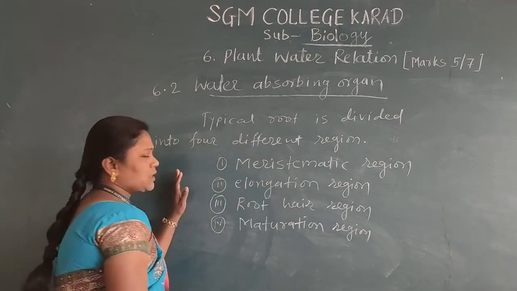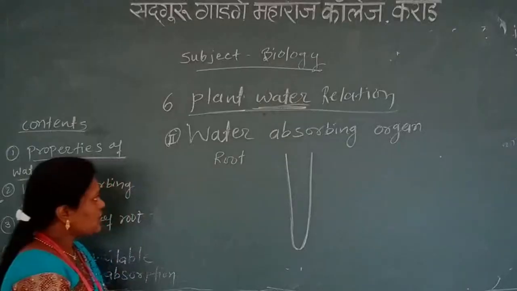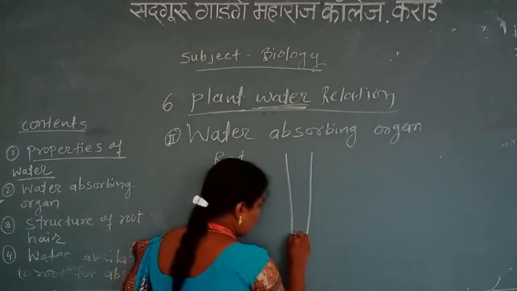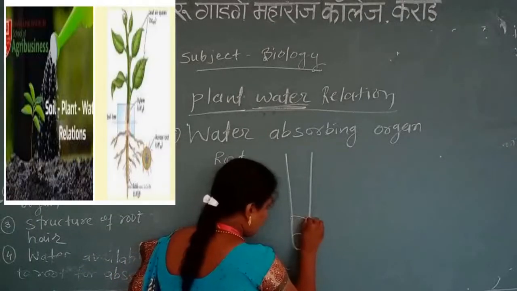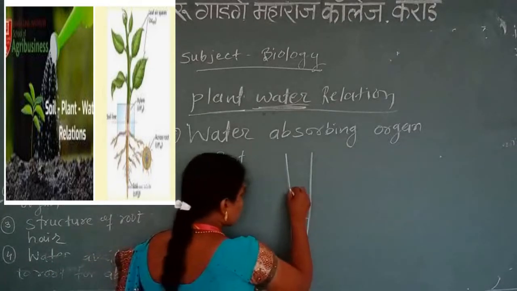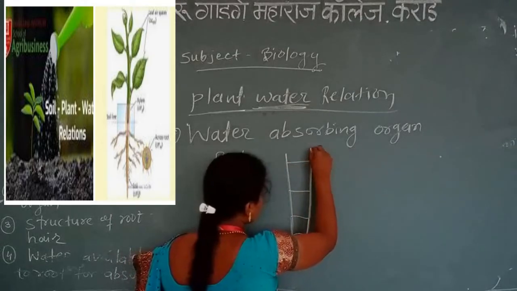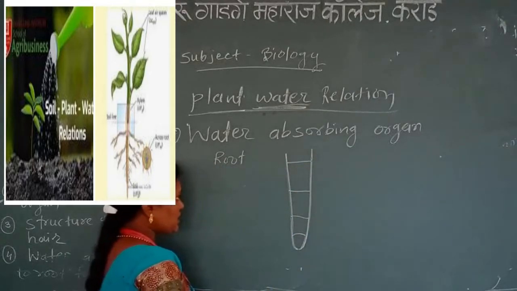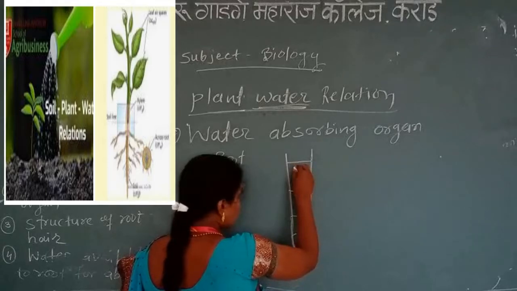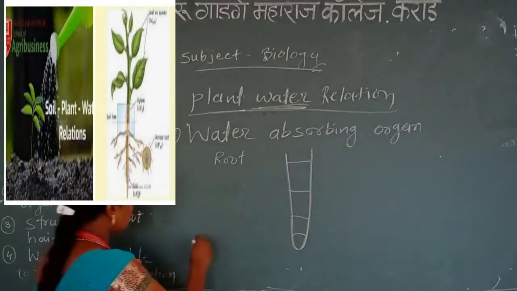These four regions we will discuss in this lecture. This is the structure of root. In this root there are four regions. First region is meristematic region, second region is elongation region, third region is root hair region, and last one is maturation region.